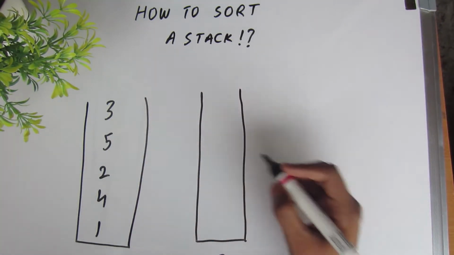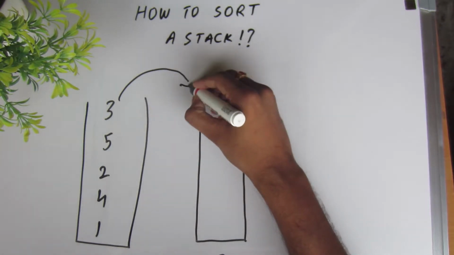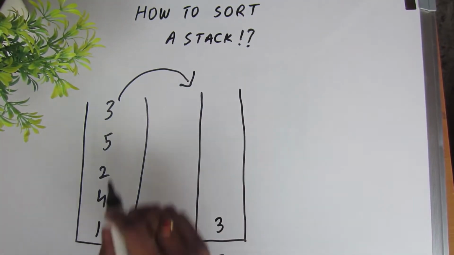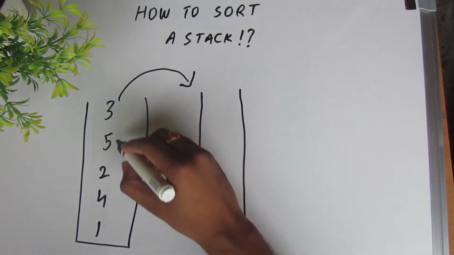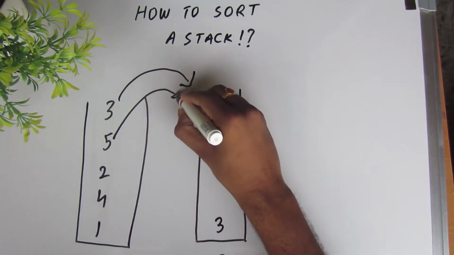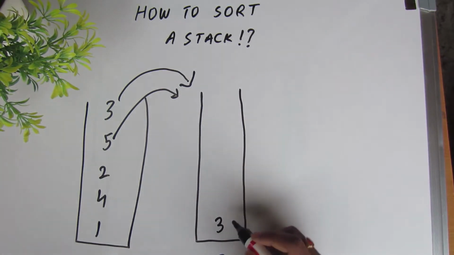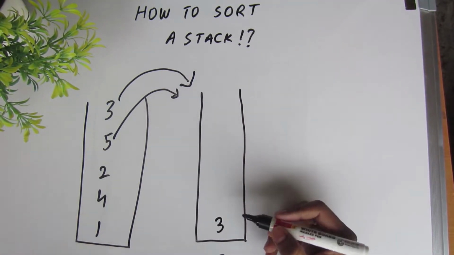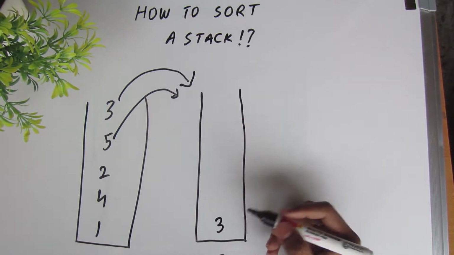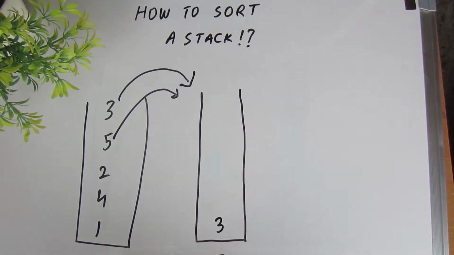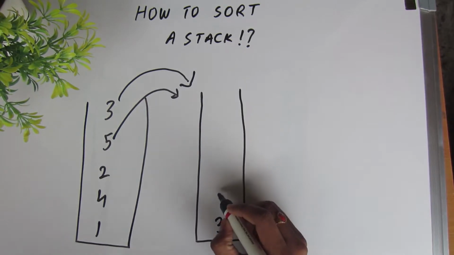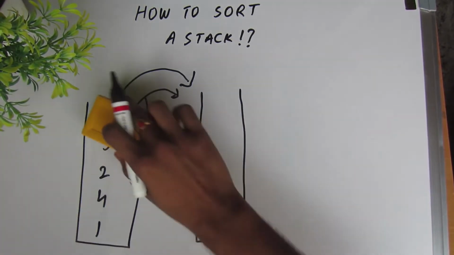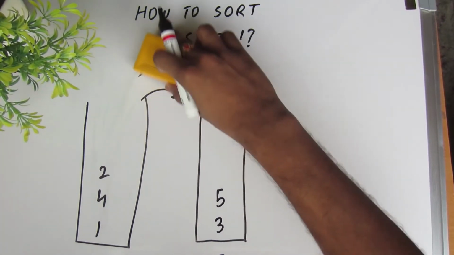So we will pop the first element, that is 3, and put it into stack B. Next we have 5, and we will check which of 5 and 3 is greater. So 5 is greater, the sorting order is not violated, so we will push 5 into stack B.